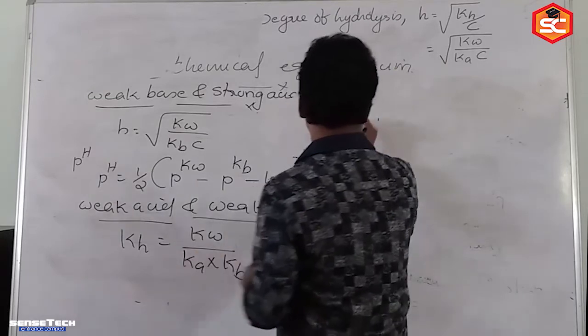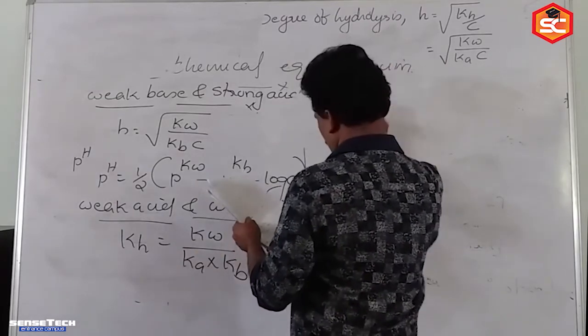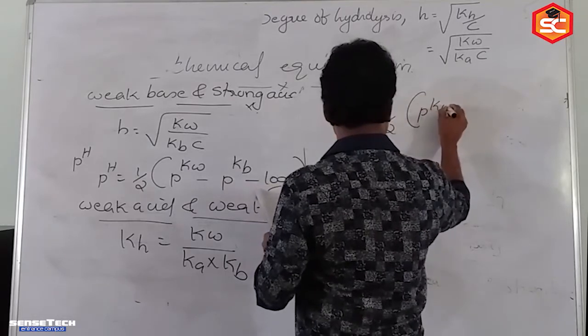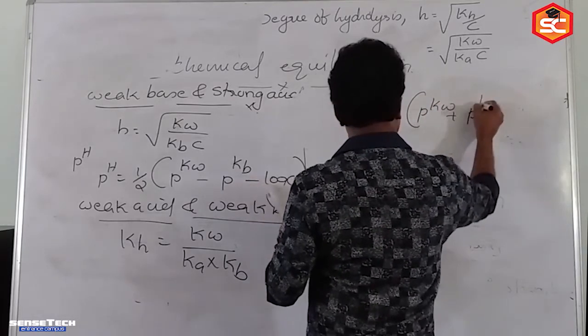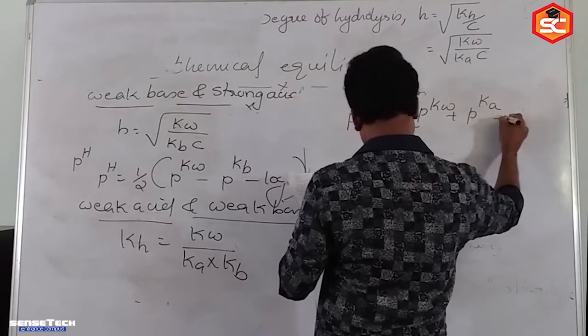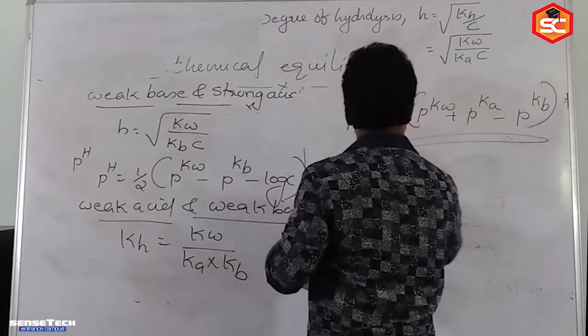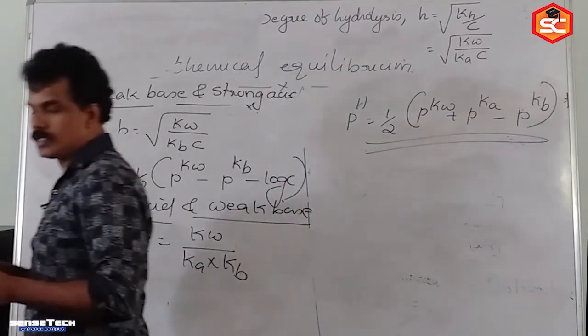Then for weak acid and weak base, what is the pH? pH is equal to half into pKw plus pKa minus pKb. This is the pH for weak acid and weak base.